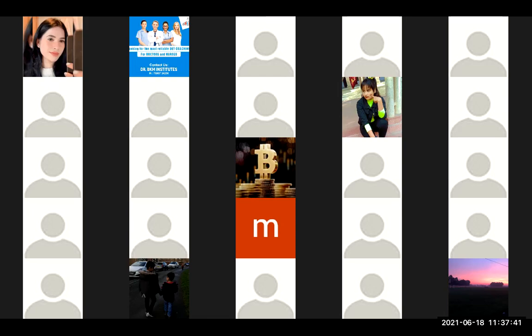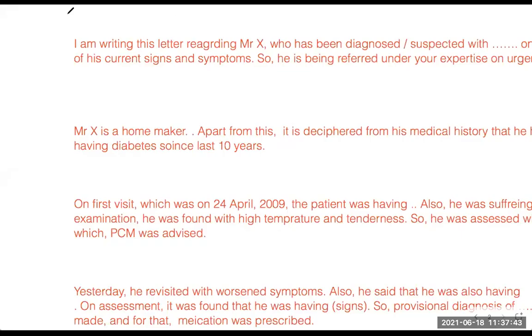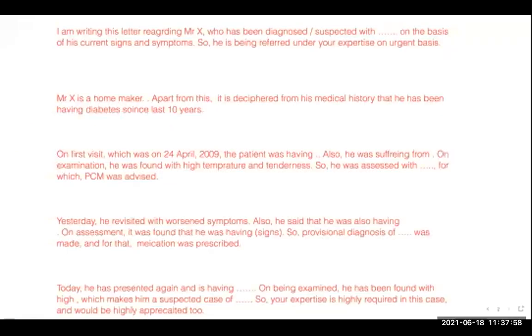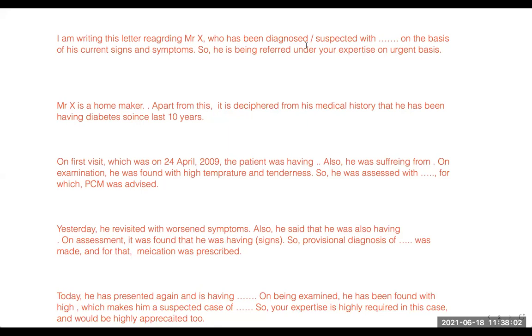So I am writing this letter regarding this patient who has been suspected or assessed. What was the word given over there? That was given assessment. So who has been assessed with osteoarthritis, who has been suspected osteoarthritis, which is not responding.